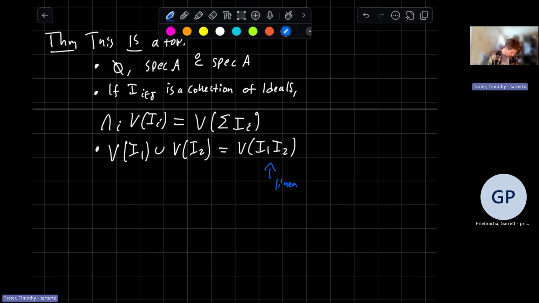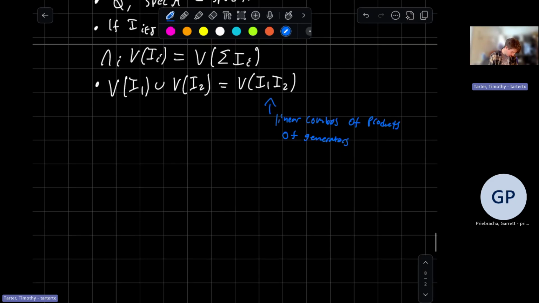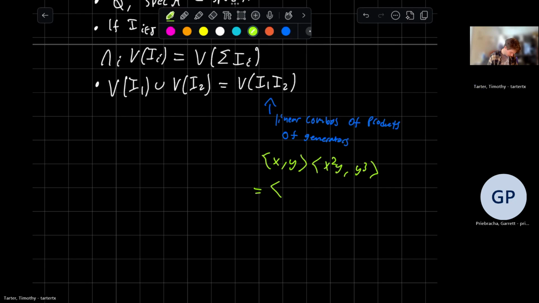So, linear combos of products of generators. An example of this would be (x, y) multiplied by (x squared, y cubed) is equal to the ideal generated by x cubed, x squared y squared, x y cubed, and y to the fourth.